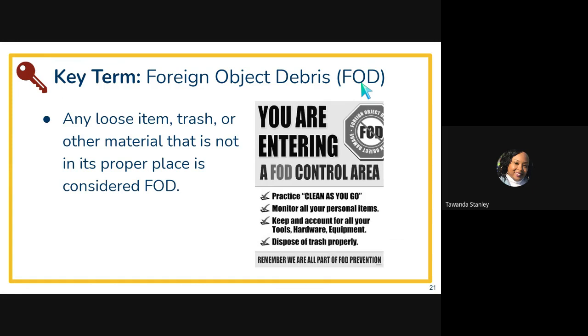So you have places that say you are entering a FOD control area. Practice clean as you go. Monitor all your personal items. Keep and account for all your tools, hardware, and equipment, and dispose of trash properly. Remember, we are all a part of FOD prevention.